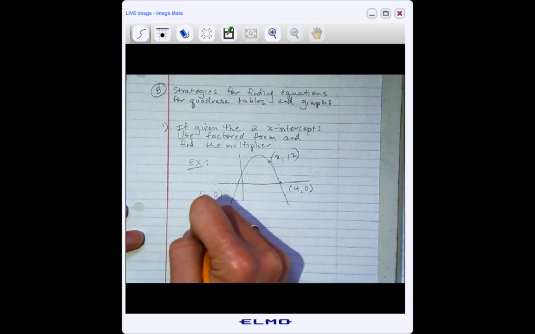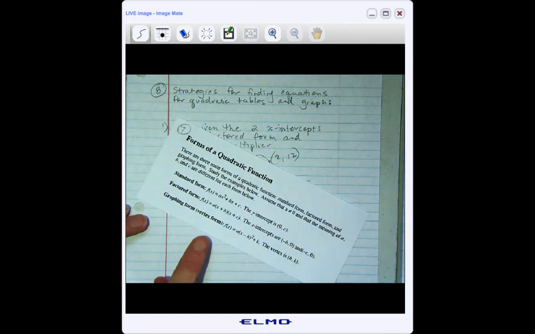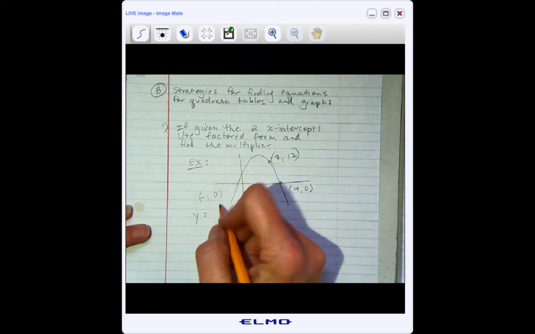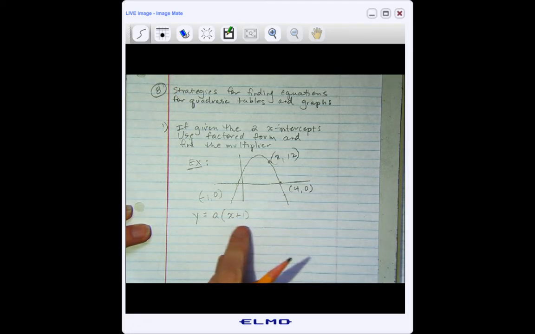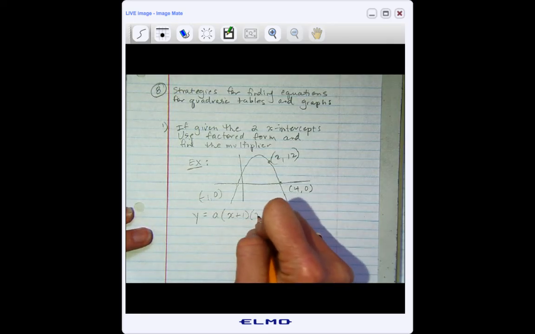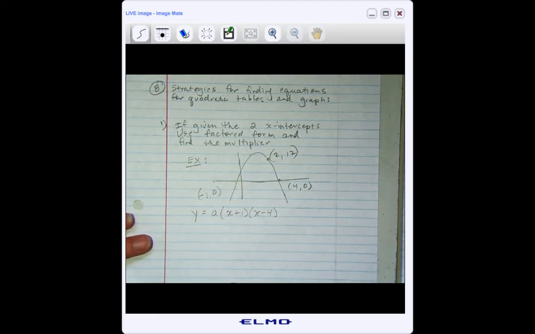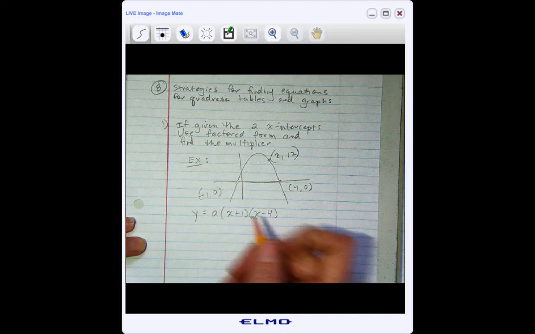So I'm going to say y is equal to, just like from this previous one, okay? So I'm going to think about the factored form. Some a value times x plus 1, okay, because that would give us this root, and x minus 4 to get this point right here, okay? And then now what I'm going to do to figure out the a value is use the point 2, 12 to help me. So I'm going to make x be 2 and y be 12.